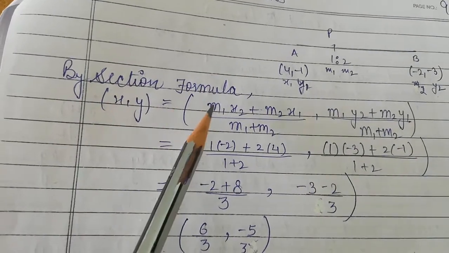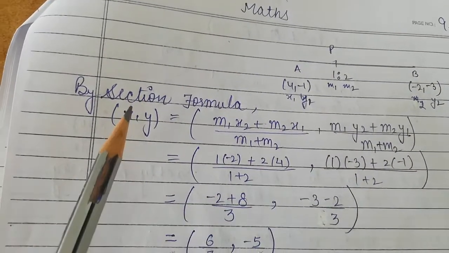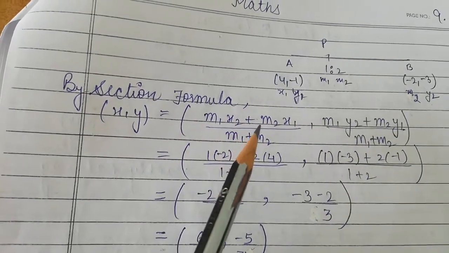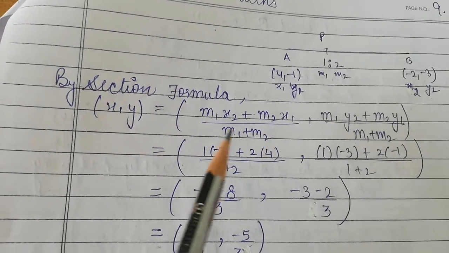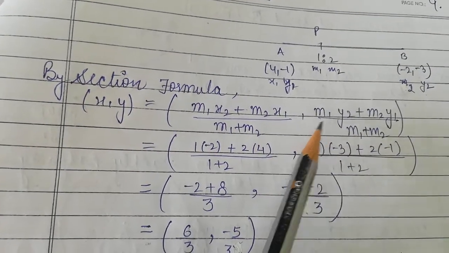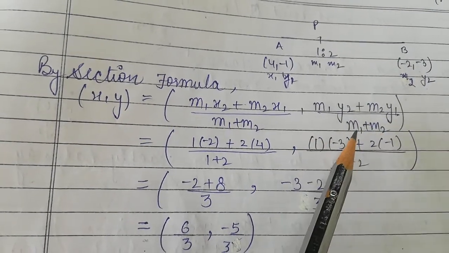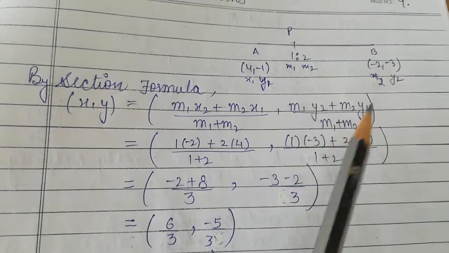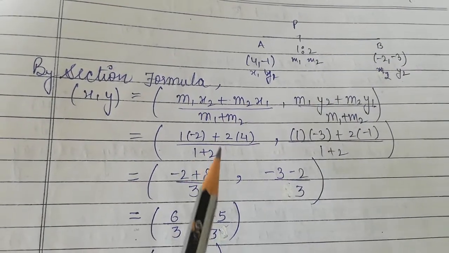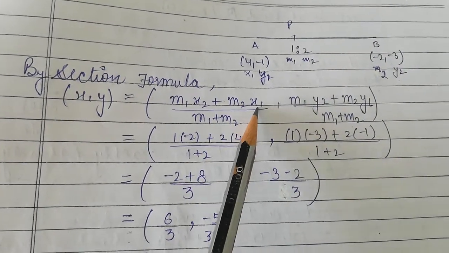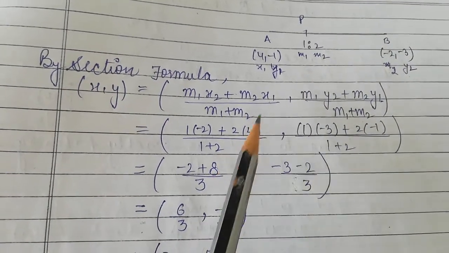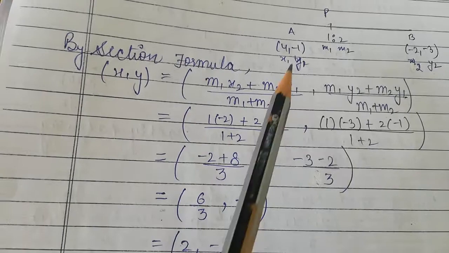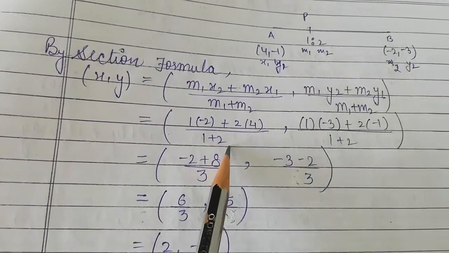We apply the section formula. Coordinates of point P (x, y) are given by m1 x2 plus m2 x1 divided by m1 plus m2, and m1 y2 plus m2 y1 divided by m1 plus m2. m1 is 1, x2 is -2, plus m2 is 2, x1 is 4, divided by m1 plus m2, 1 plus 2.